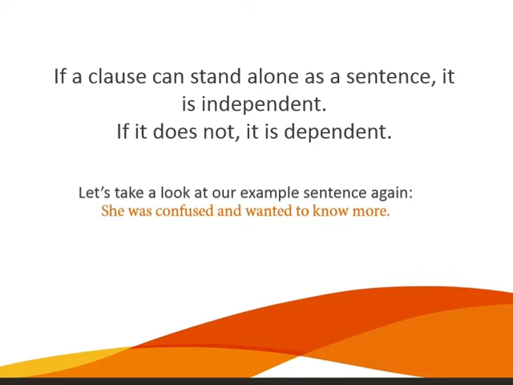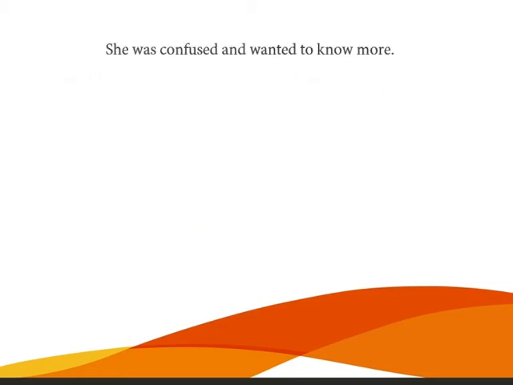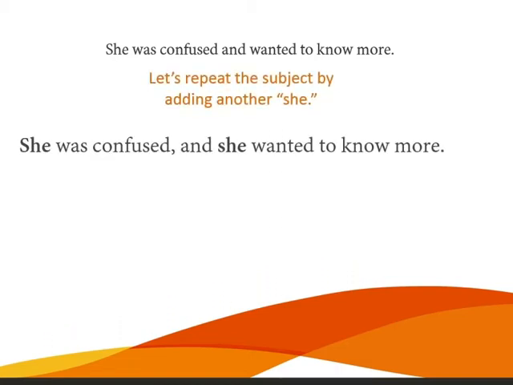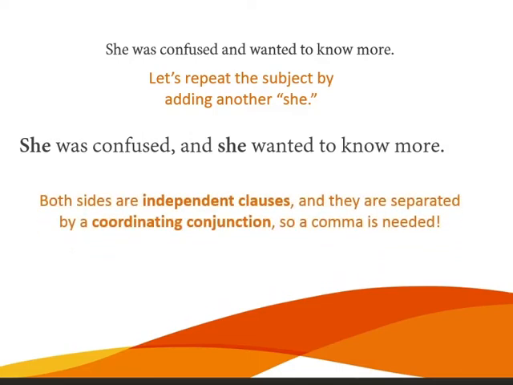She was confused and wanted to know more. Now, let's add a second subject, she. When we do this, both sides are independent, and when there are two independent clauses in a sentence separated by a coordinating conjunction, a comma goes before the conjunction. She was confused, and she wanted to know more.